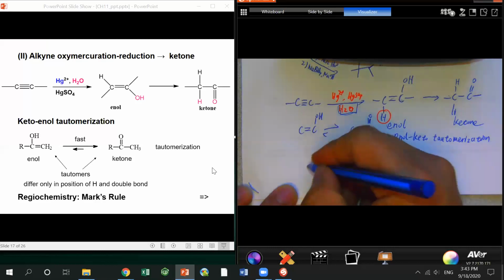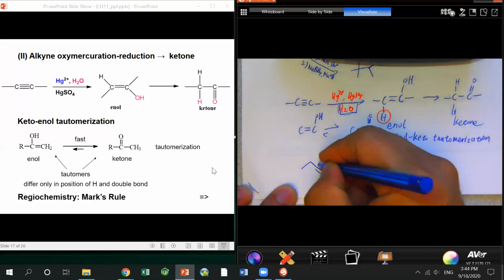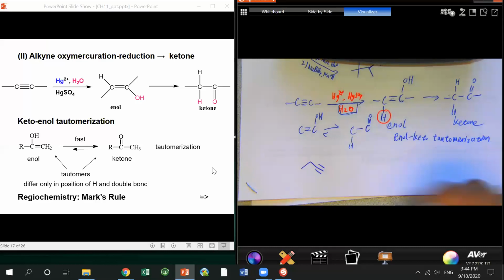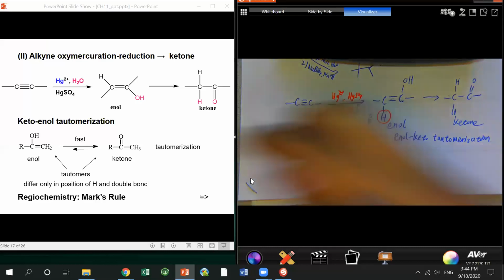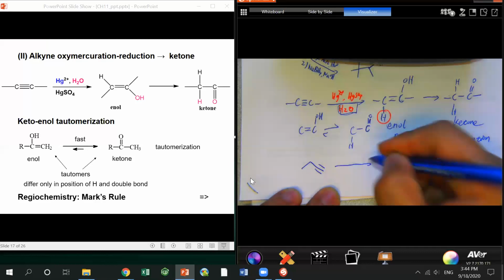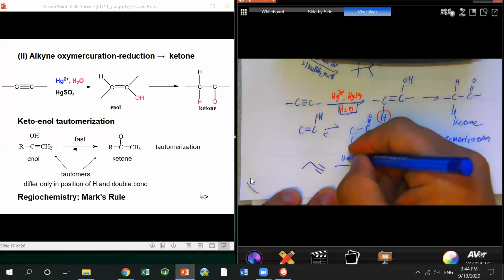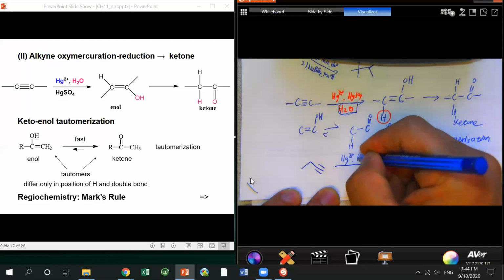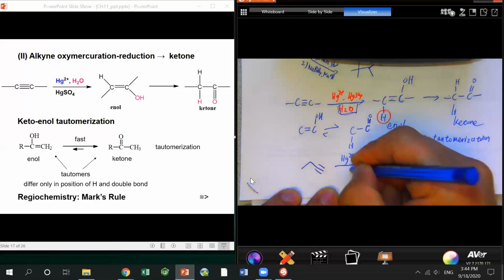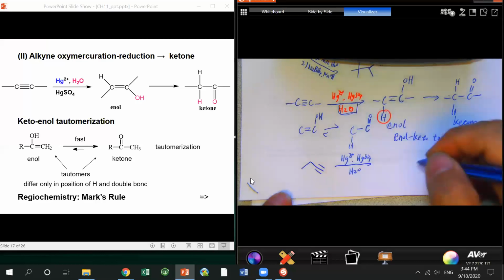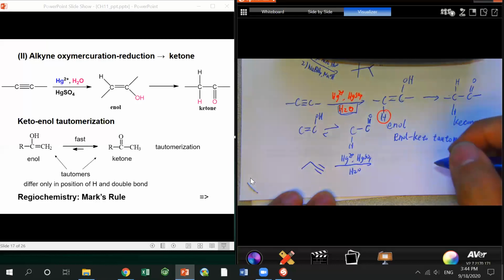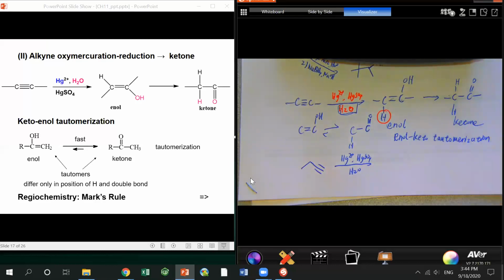For example, here we have this terminal alkene, and we apply the oxymercuration-reduction conditions. For beginners, my suggestion is not to draw the final ketone in one step.